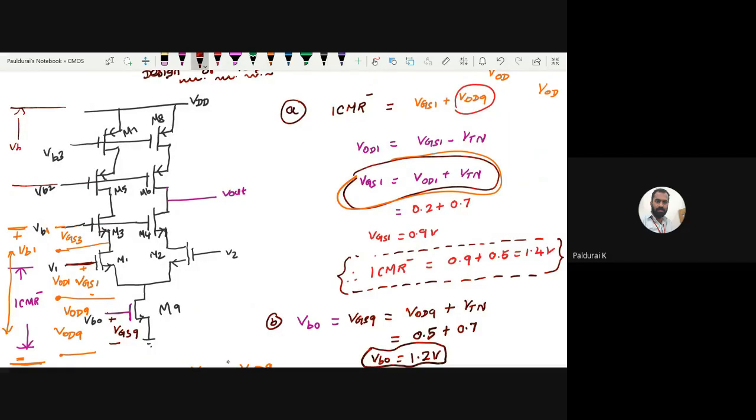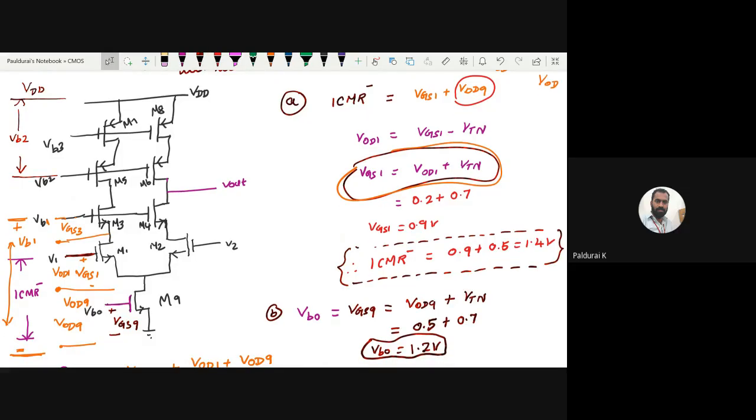This is my VB2 actually, right? Here we applied VDD. So the formula becomes VDD. What is the voltage drop from here to here? It is VGS of 7, and from here to here, the next one. How much is it from here to here? That is nothing but the overdrive voltage of the fifth transistor, right?